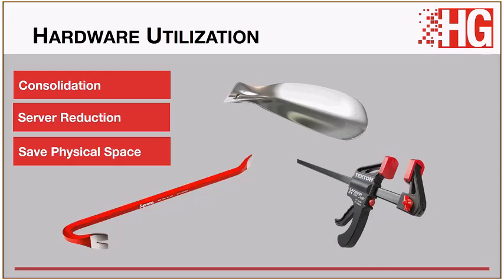The reason a lot of people look at this is that oftentimes they initially put in the app with its own server and another app with its own server. Neither one of those servers are running at full capacity. They realize they can reduce a server and then put everything on one, so that's why they introduce virtualization for hardware utilization.